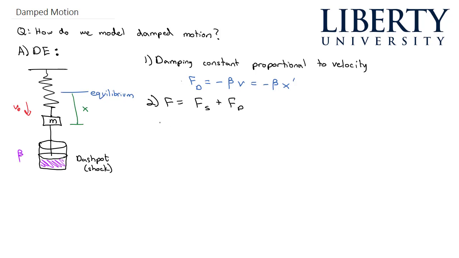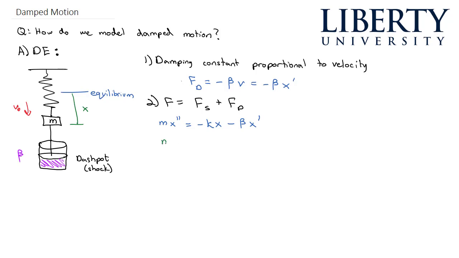Well, we know the entire force is mass times the second derivative. We know the force of the spring from Hooke's law is a negative constant times x, and we said that the damping force was equal to negative beta x prime.